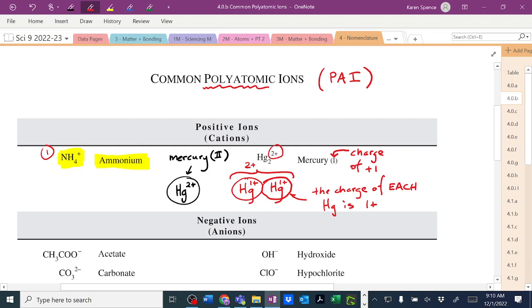And the second one, and again, I'll print this out for those of you who are away, so you have this extra little bit here. The second one is mercury 1, but don't worry about mercury 1 too much. It's sort of a weird little critter, and I'll try and avoid it as much as possible. Okay.